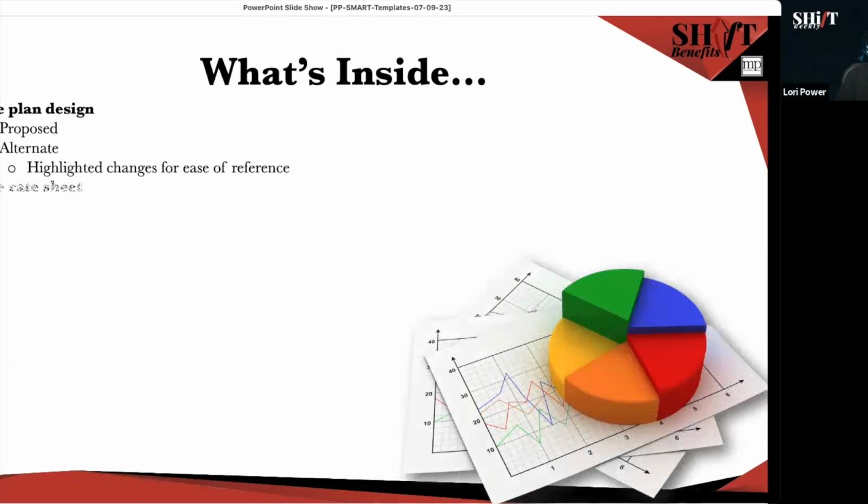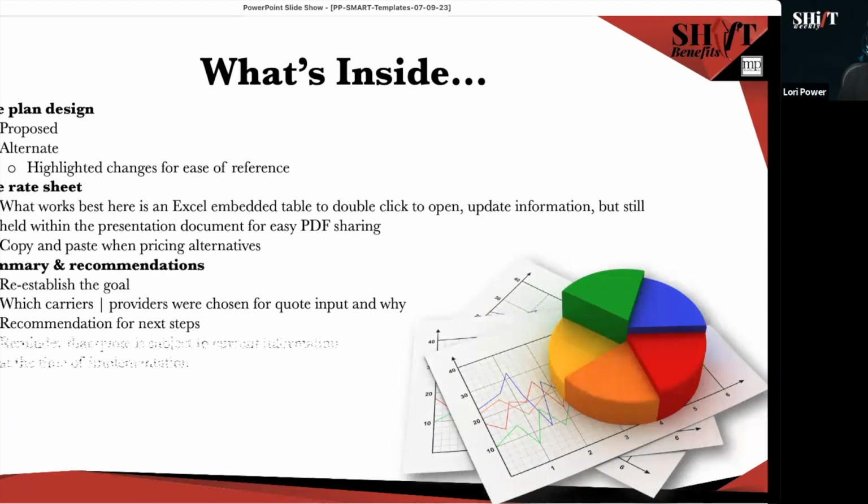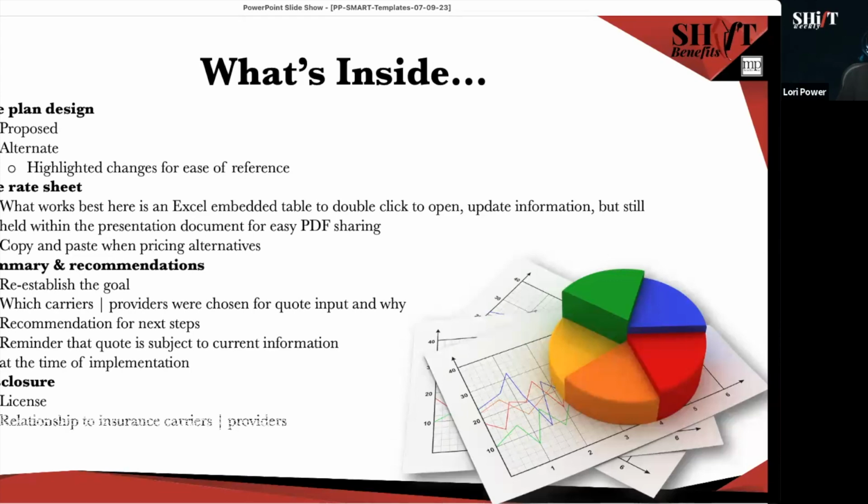So this again is more specific to looking at templates on the insurance side, looking at the plan design and rate sheet. But I will argue that most templates, when you're doing presentations, will probably have a form of the same thing. You want to have your disclosure, you want to have an opening, you want to have the executive summary, and you also want to have the graphics that support it.